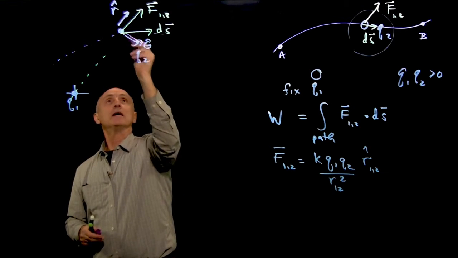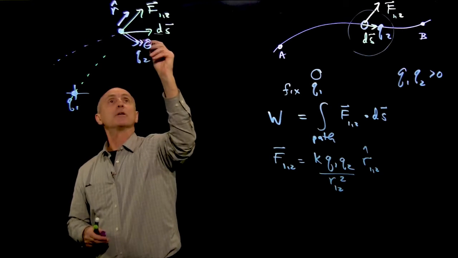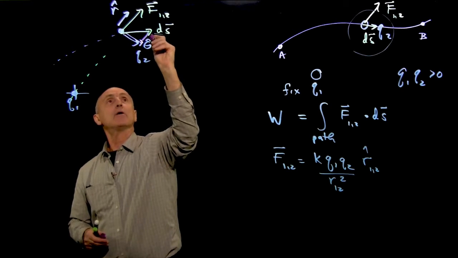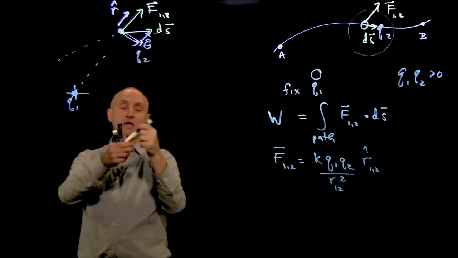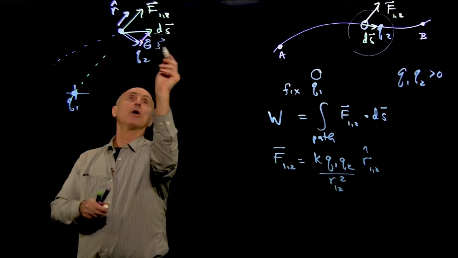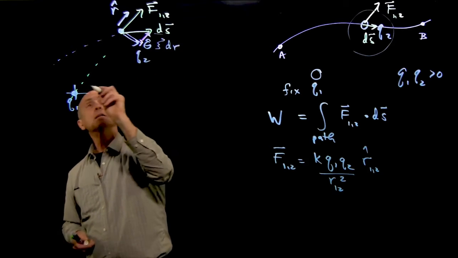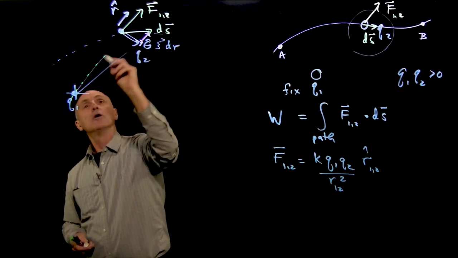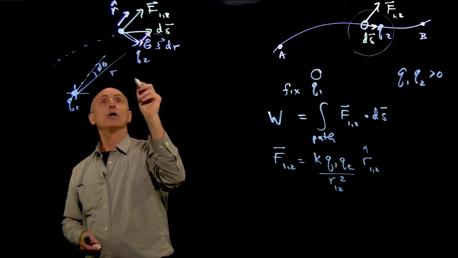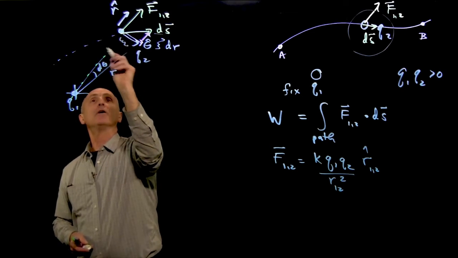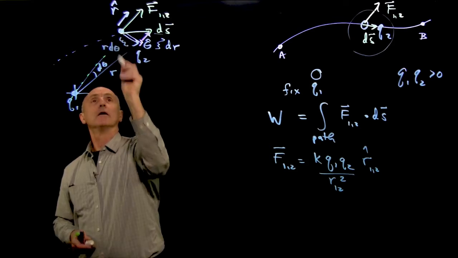We have a tangential part of the displacement and a radial part of the displacement. And what we can say here is this radial part is dr. Now, if we had an angle d theta, and we were out at a distance r, then this arc length up here is r d theta.